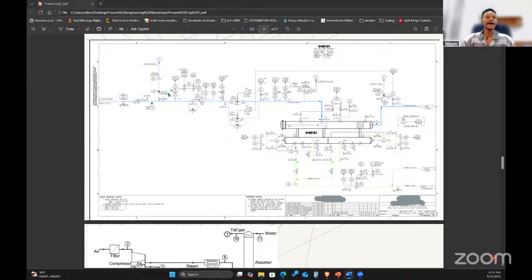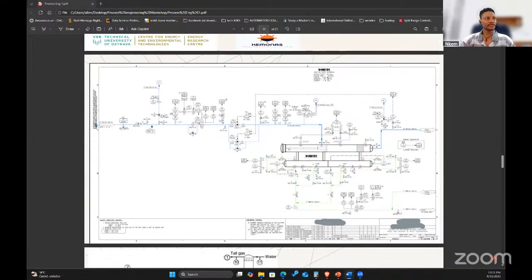Okay. For example, this is the battery limit. From this point is a battery limit in this drawing. But you don't see the other sections of this plant. This is just the beginning of the plant. Before here, there are other equipments.